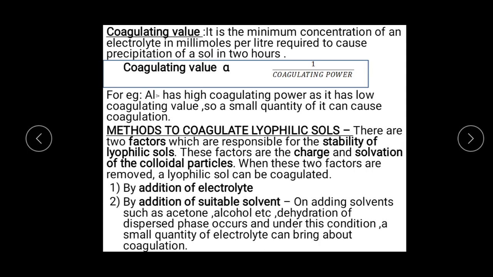Now, the methods to coagulate lyophilic sols are addition of electrolyte and addition of a suitable solvent. Addition of electrolyte we have already seen in lyophobic sols. The explanation holds the same here. On adding suitable solvents like acetone, alcohol, etc., dehydration of the dispersed phase occurs. Under this condition, a small quantity of electrolyte can bring about coagulation of lyophilic sols.